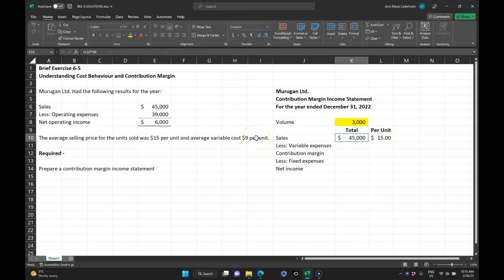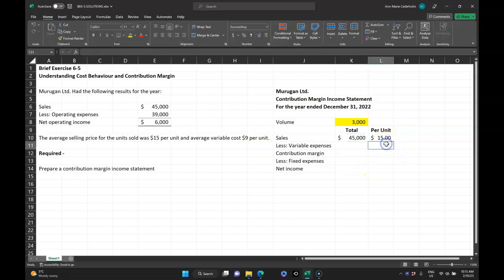Now we're looking at our variable costs. So this could be your variable manufacturing costs, like your direct materials and your direct labor. It could be variable manufacturing overhead, and it could also be variable selling and admin costs. So now we don't really care between product and period costs. We care between variable and fixed.